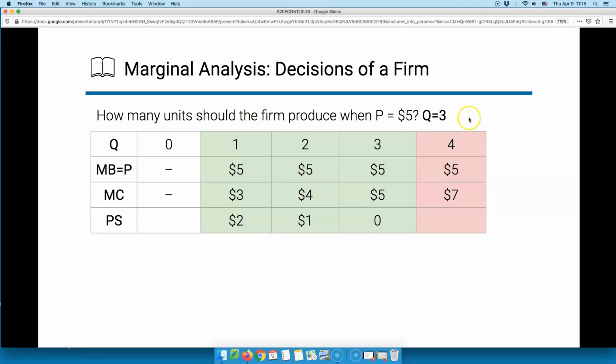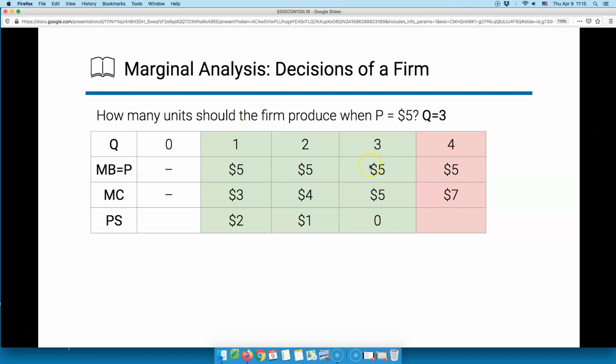And again, we reach that answer by using the marginal analysis, by asking about the first unit first, then about the second, and then about the third. So we're looking at things incrementally. What is the additional benefit from the first unit, additional benefit from the second unit, additional benefit from the third unit?